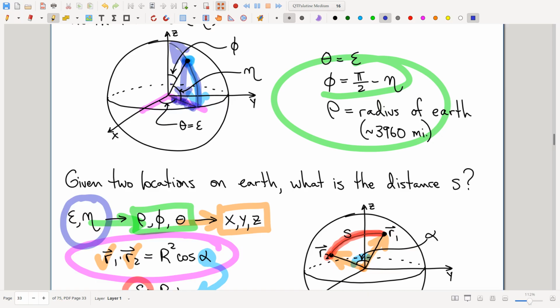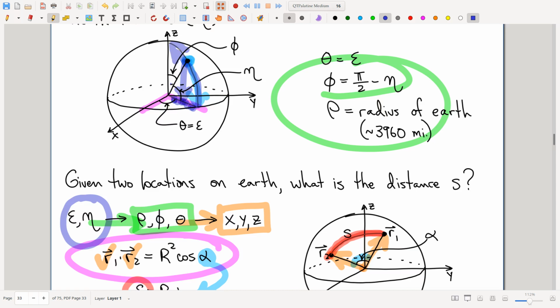So we use the dot product to find the angle between the two radius vectors. That's right.